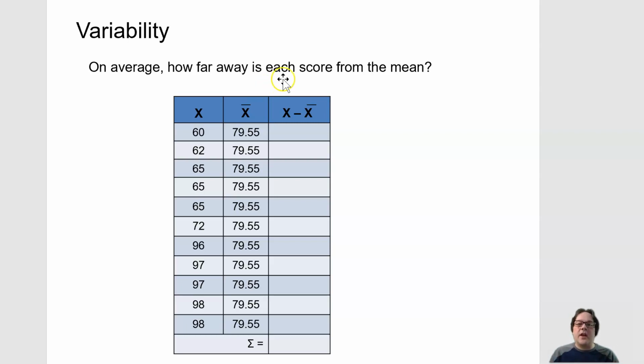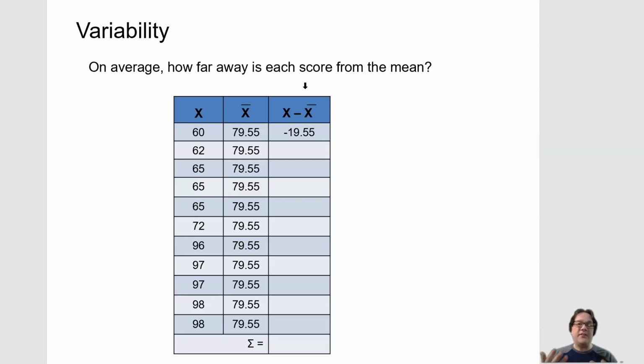Let's create another column here that we call deviation scores. And deviation scores are simply how far away is each score from the mean of the distribution. So we'll start with 60, and we'll take the x score and subtract out the mean, and we end up with negative 19.55.